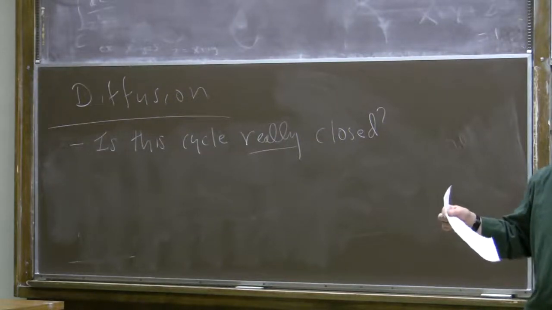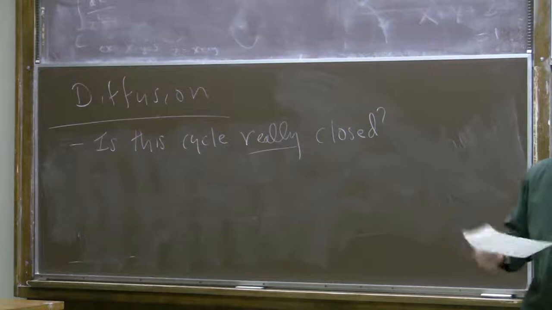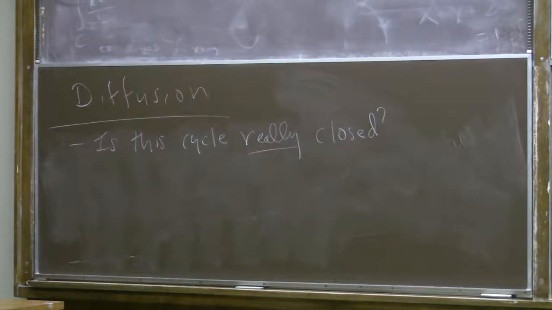Okay. Well, let's think about the demon himself or herself. Is the demon in a different situation, a different state at the end of the cycle than at the beginning? Yes. How so?